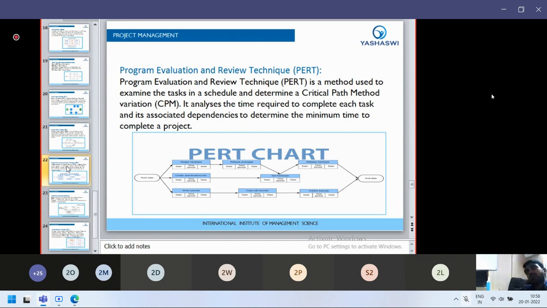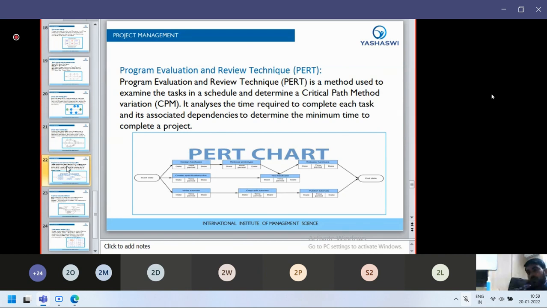Again, it analyzes the time required to complete each task and its associated dependencies to determine the minimum time to complete a project. Whenever we look at each individual task in the proper manner, our project will be completed in a minimum time period. That comes under program evaluation and review techniques.